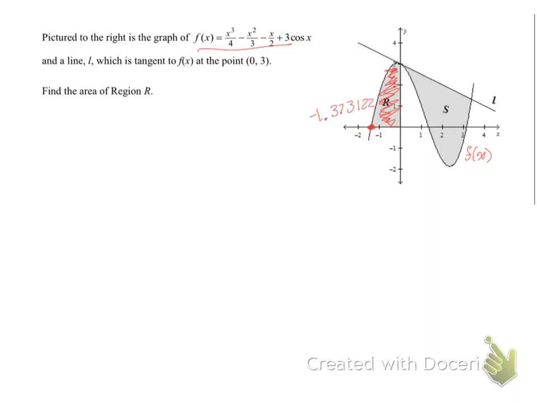Okay, so to find the area of region R, we're going to go from negative 1.373122 all the way to 0, and we're looking at f of x. This is definitely a calculator portion, okay? So if you punch that into your calculator, you should get 2.90309. Okay, and that is the area of region R.